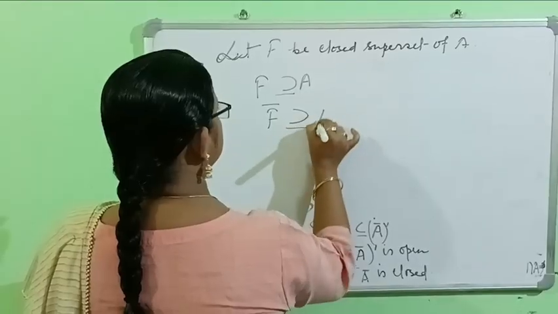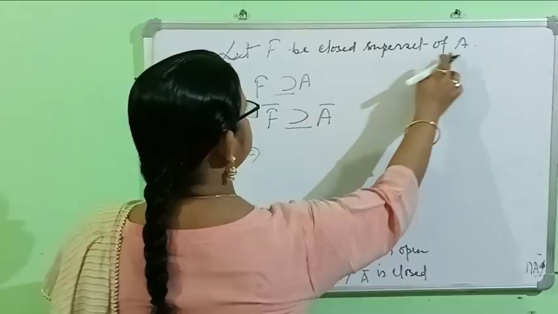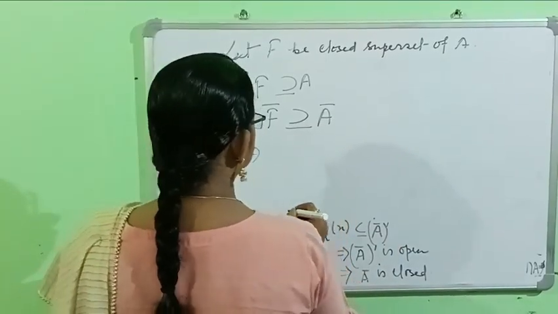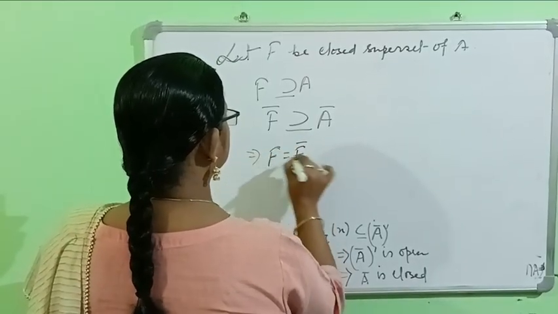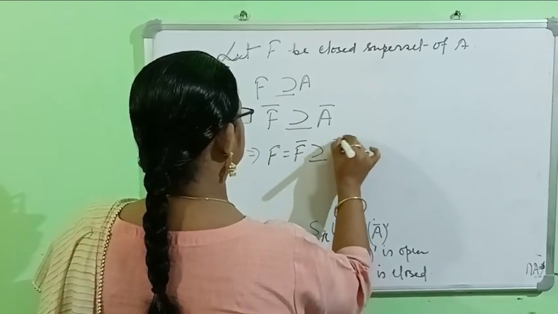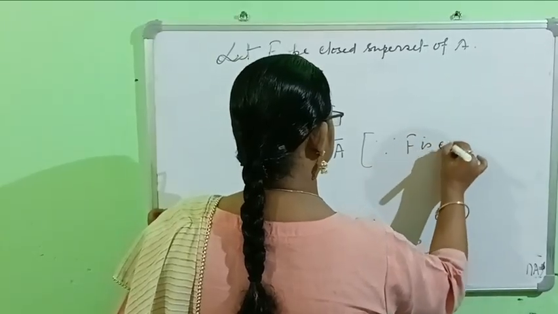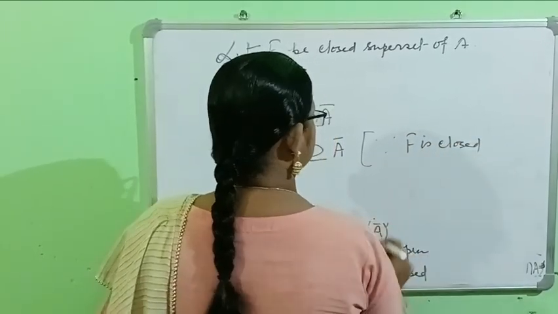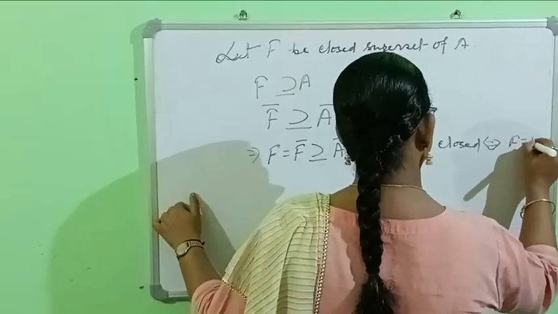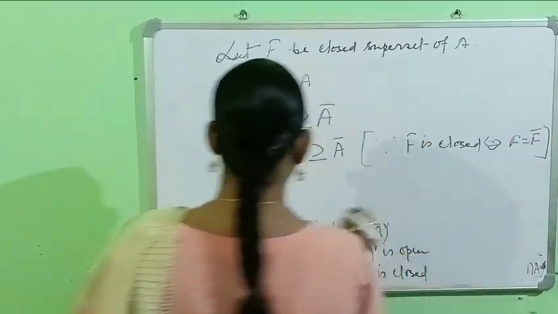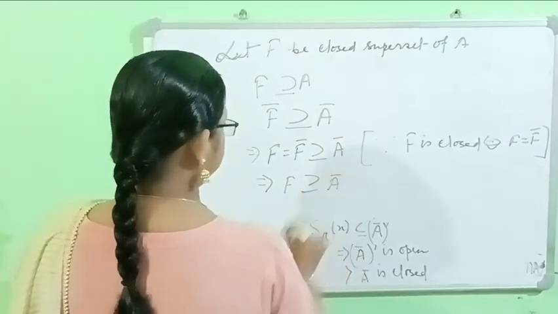Here F is a closed superset of A. When F is closed, F is equal to F closure. Since F is closed, F is equal to F closure. This implies F contains closure of A.